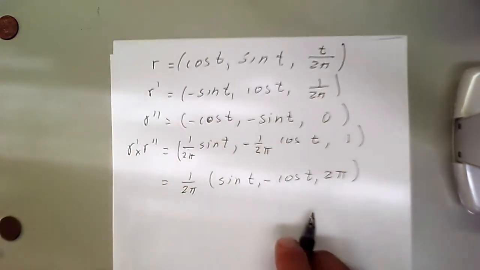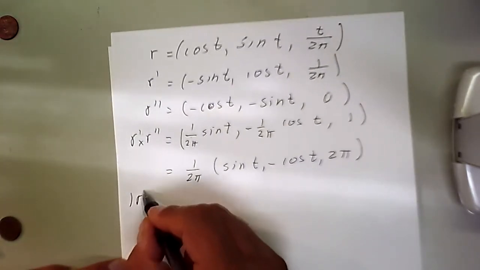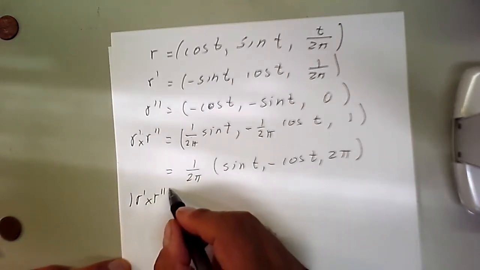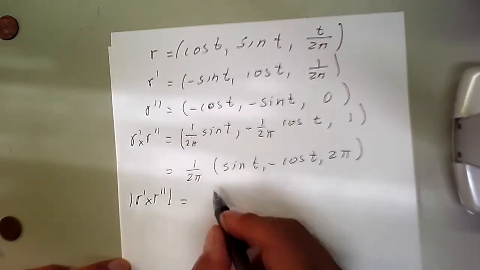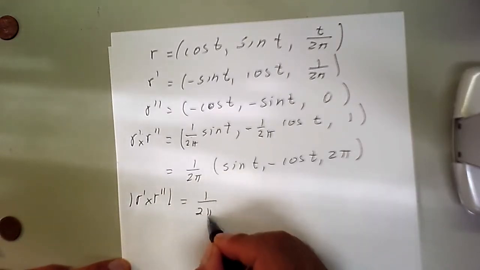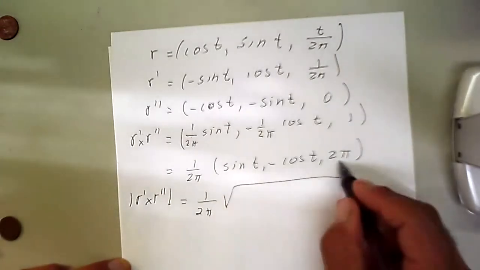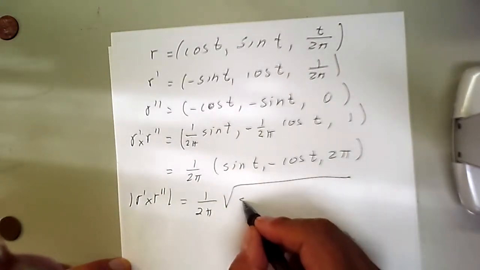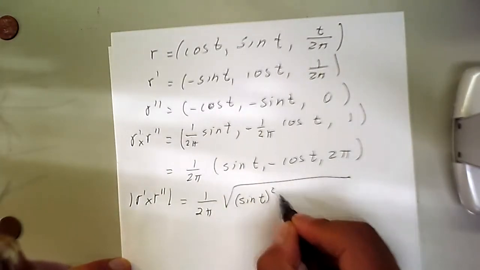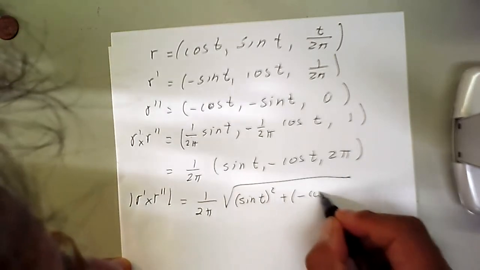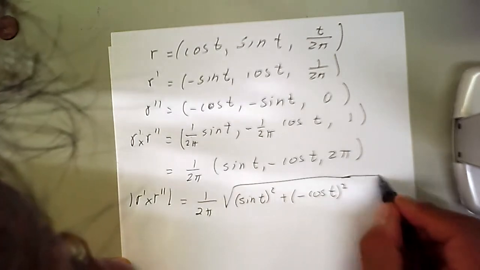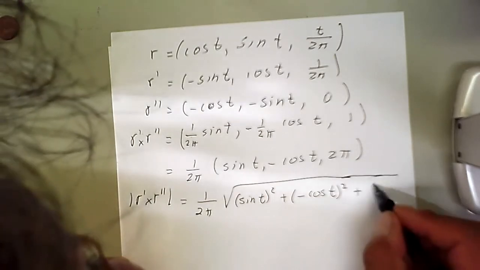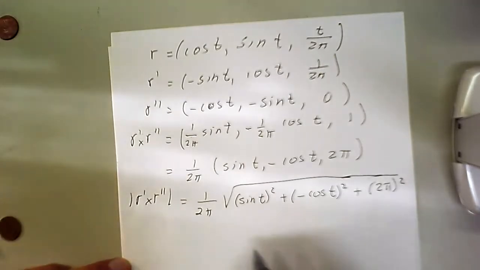So we have sine of t, negative cosine of t, and 2 pi. So the magnitude of R prime cross R double prime, this is a scalar, so we can just factor that out. And then the magnitude of this is sine of t squared plus negative cosine of t squared plus 2 pi squared.